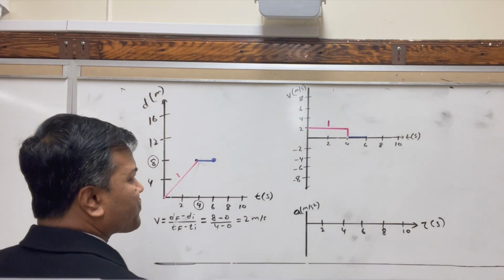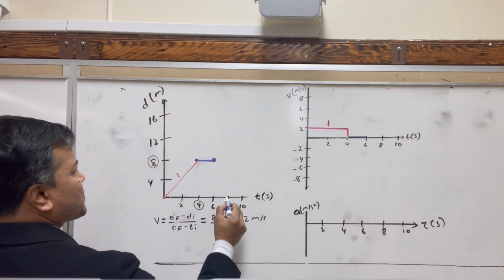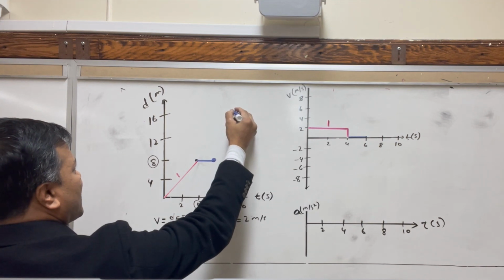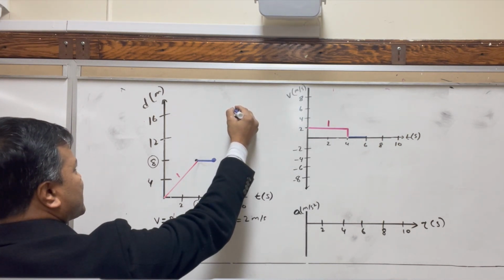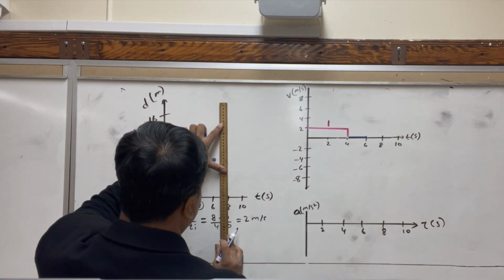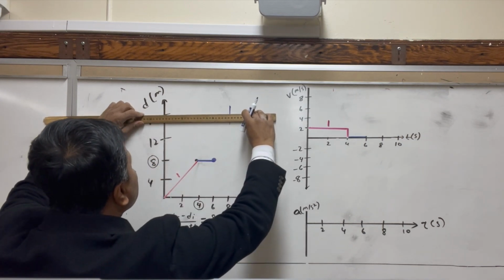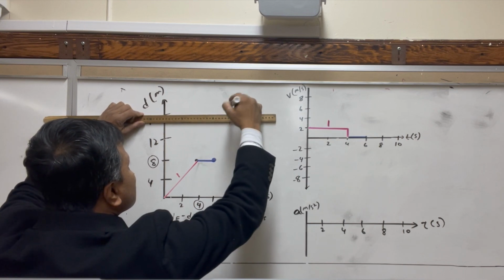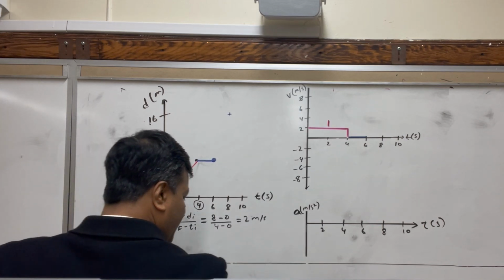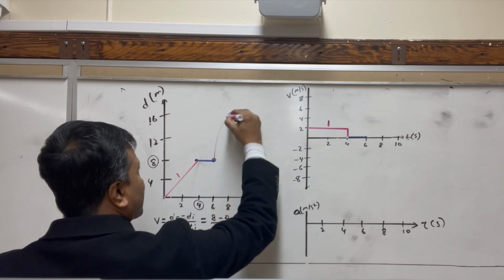Now what we can do is draw the entire graph. From 6 to 8 seconds, at 8 seconds the object is at 16 meters. This is where I try to draw the acceleration, a quadratic or parabola.